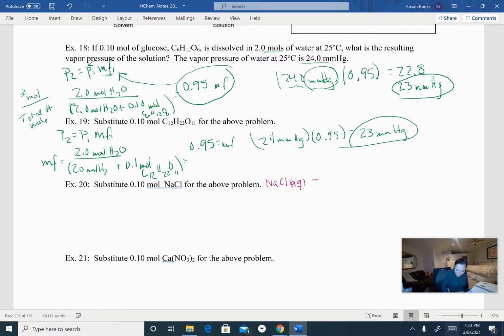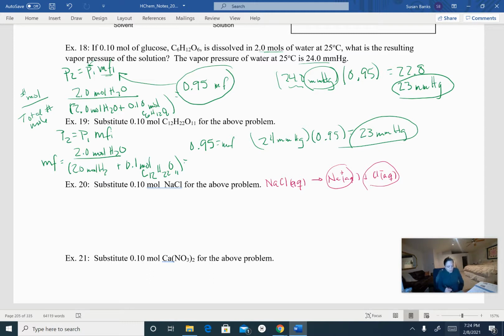Does it stay as sodium chloride? Think about your net ionic equations. That's soluble, isn't it? All group 1 salts are soluble. So we actually get sodium plus ions, and we get the chloride negative ions. So we actually get 2 particles for the price of 1.